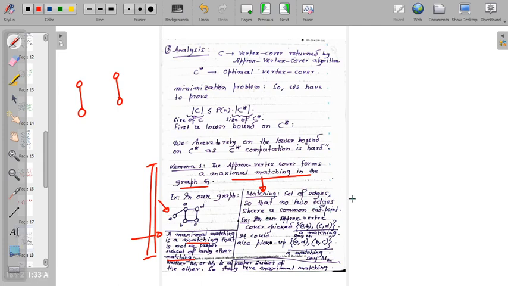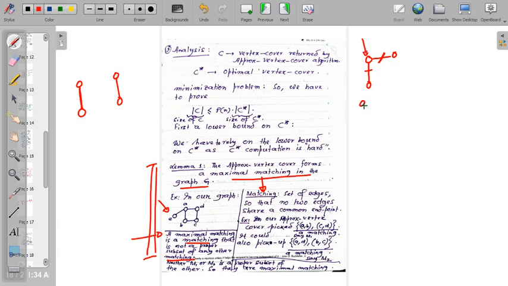Okay. So here you see this edge. If I am having these two vertices and these two edges, then you see I cannot say that both are matching, because they are sharing one endpoint, and it is common.